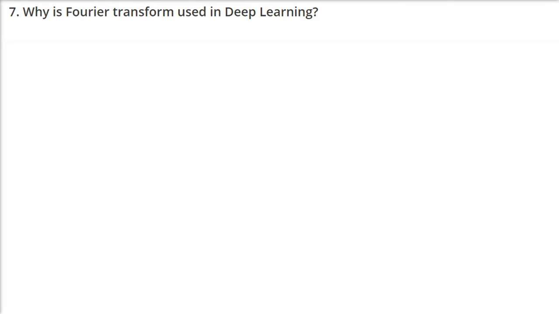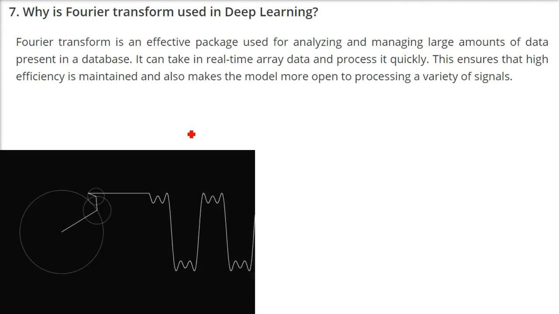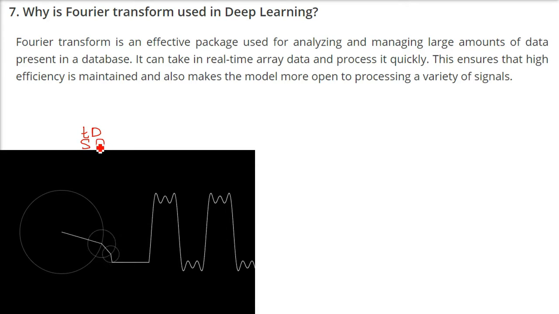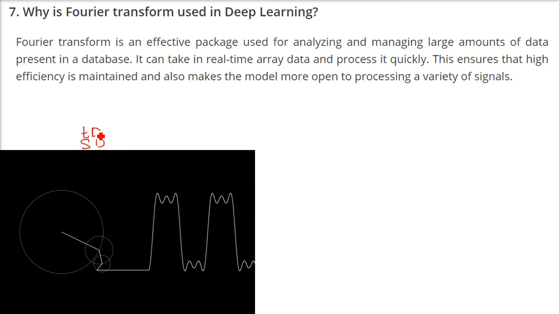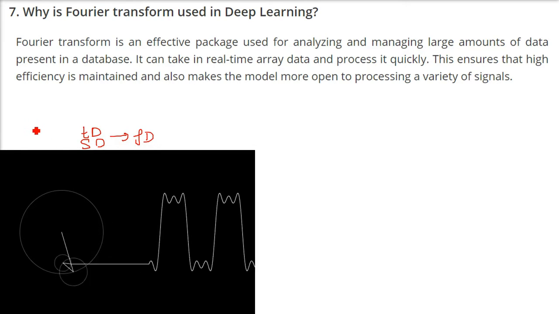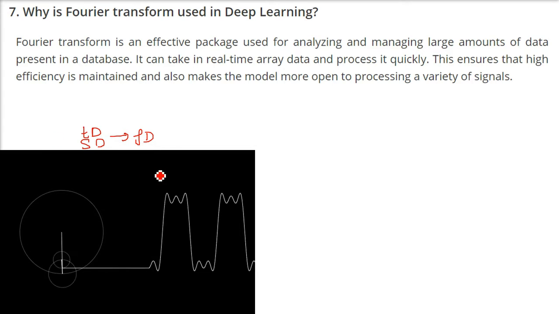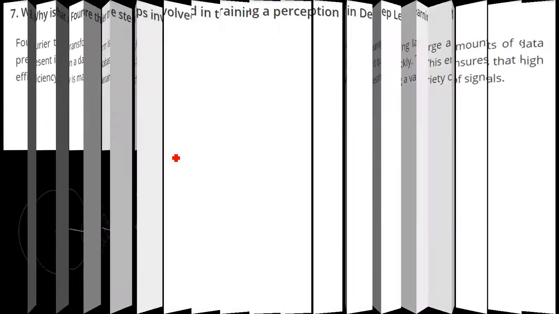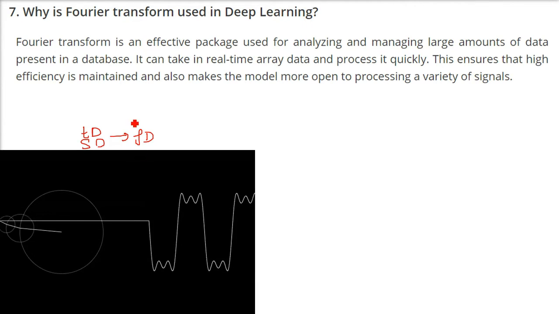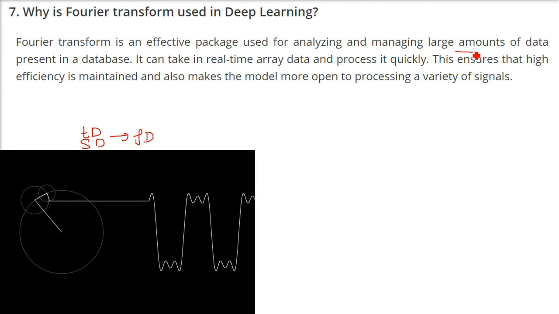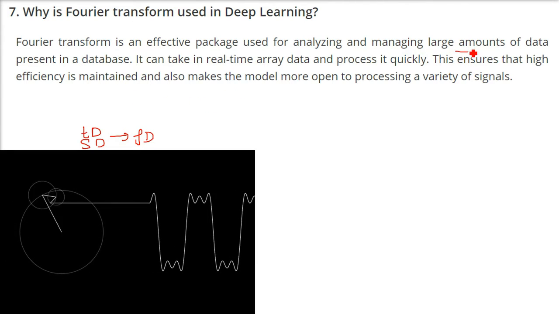Why is Fourier transform used in deep learning? This Fourier transform is all about converting from the time domain or spatial domain to the frequency domain. You get frequencies here. There are different kinds of Fourier transform, such as the fast Fourier transform. The Fourier transform is an effective package used for analyzing and managing large amounts of data present in our database.